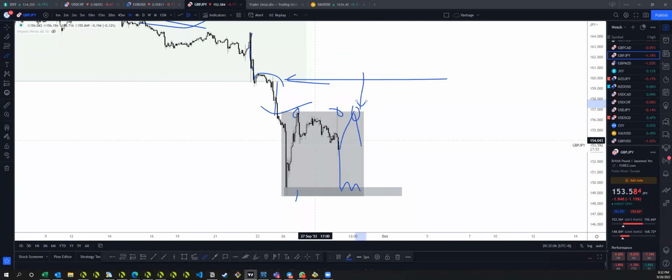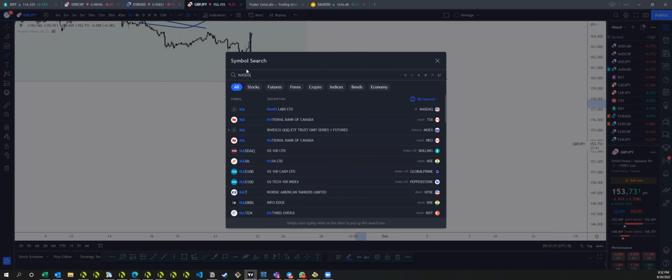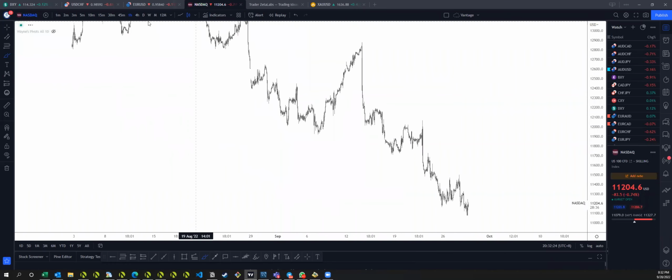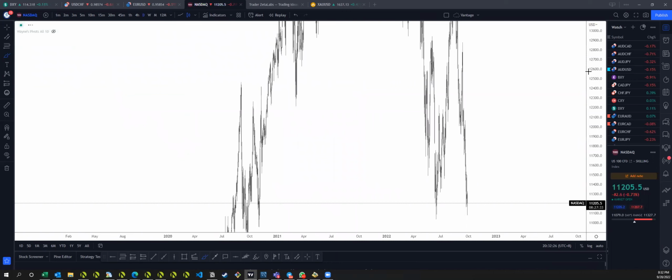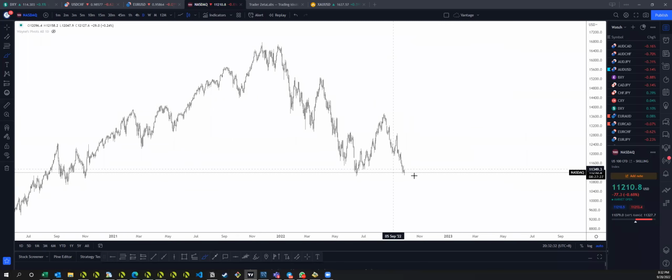Okay, let's look at the Nasdaq for equities. You want to look at Nasdaq, or do you want to look at S&P? So they are highly correlated right now, so I'm not going to be too fussy on what we're looking at. They're probably going to be the same pattern. Okay, so I think if you were to look at maybe sometime in August, right?